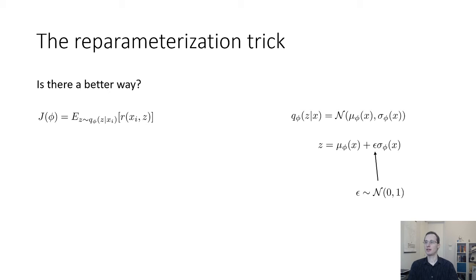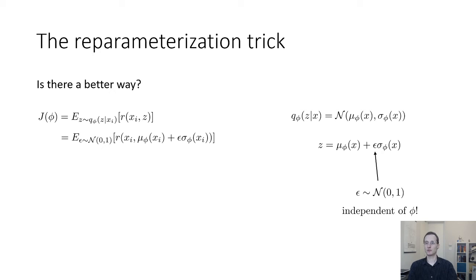But now notice that everything here is deterministic except for epsilon, but epsilon does not depend on phi. It doesn't depend on the neural network. So we can equivalently write our objective as the expected value with respect to epsilon, where we substitute this equation in place of z. So it's an expected value with respect to epsilon, distributed according to a zero mean unit variance Gaussian, of r of xi, comma, mu phi xi plus epsilon times sigma phi xi.